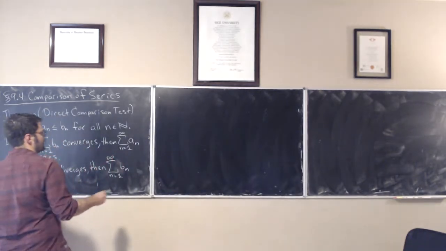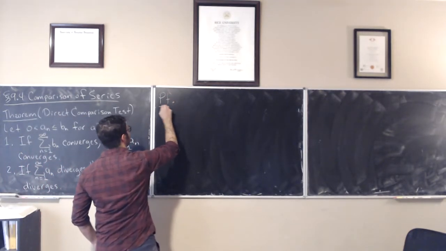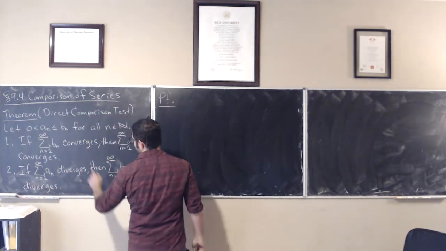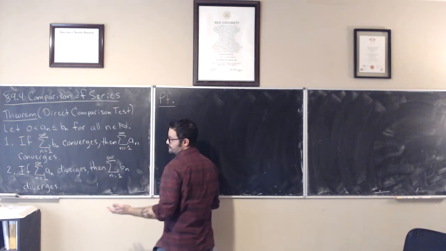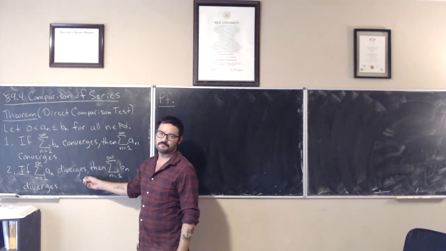So why would this be the case? Let's look at the proof of this statement. Okay, so let's prove part one, and then the contrapositive of that statement, which is logically equivalent, will imply part two.